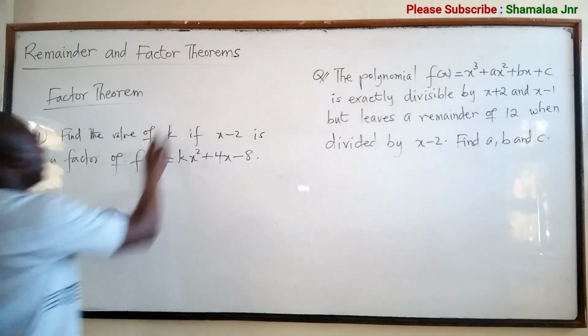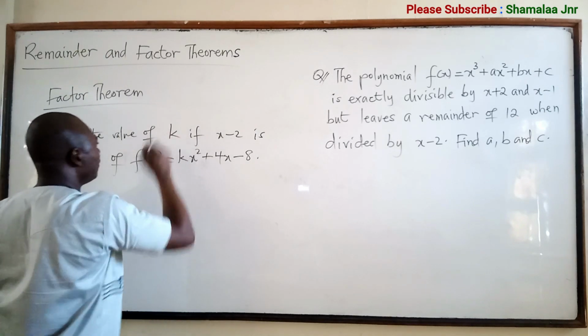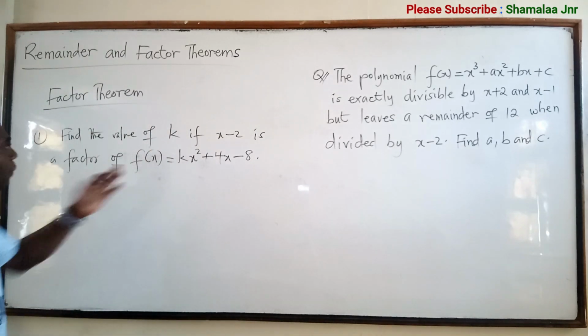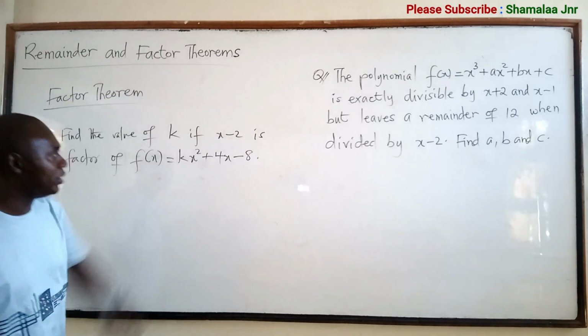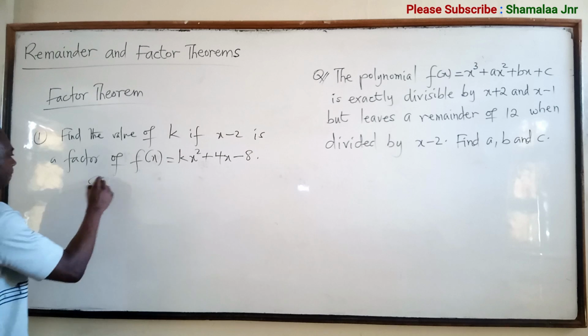You can do something like this. Yes, find the value of k if x minus 2 is a factor of f of x equal to this. Solution.